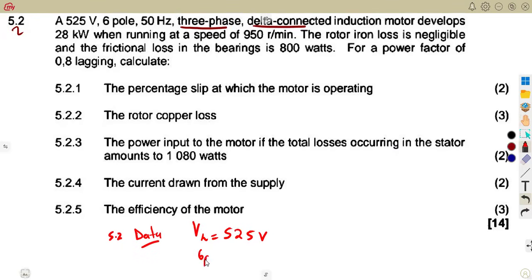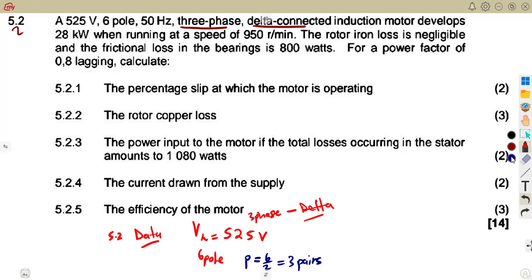So it's a 6-pole, meaning to say the pairs. How many pairs do we have? The number of pole pairs, you have to divide: 6 divided by 2, meaning to say we have got 3 pairs. It's a 3-phase, and it's also delta connected.